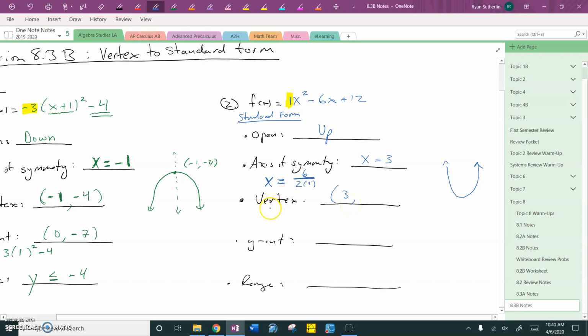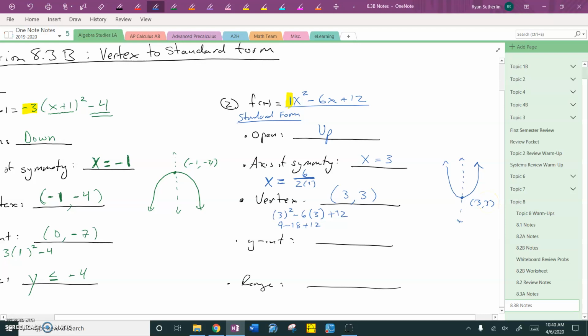To get the y-coordinate of the vertex, I plug 3 in everywhere that I see an x in my equation up here. So I have 9 - 18 + 12, so -9 + 12 is 3. So I have a vertex at (3, 3). We have our axis of symmetry.